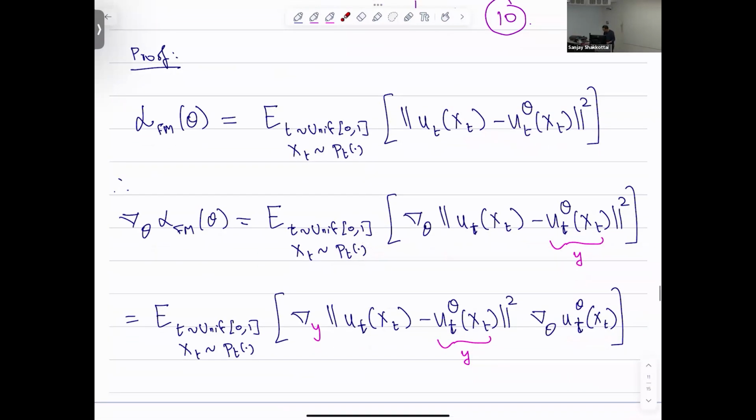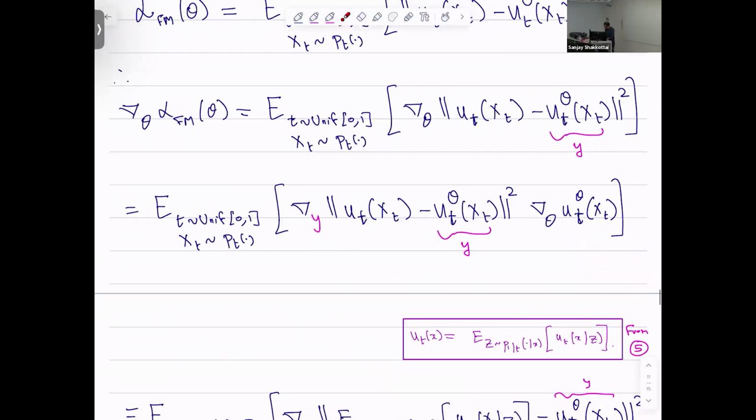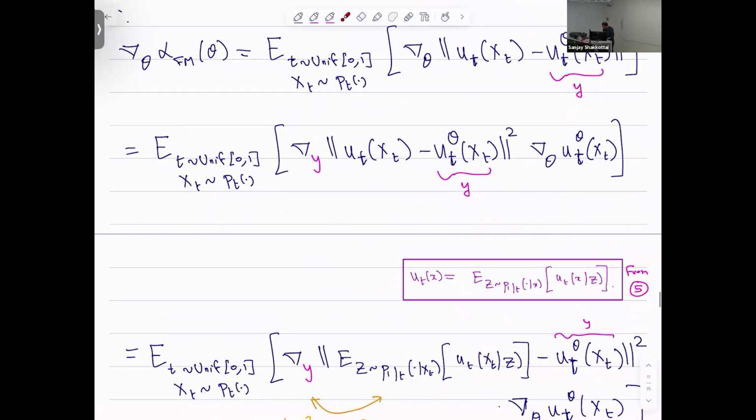Then using the chain rule, we can write the gradient with respect to theta of this as the gradient with respect to y of this function times the gradient with respect to theta of just this. And now what is u_t? This is nothing but the conditional expectation of the conditional flow vector field. So we will just substitute that in.